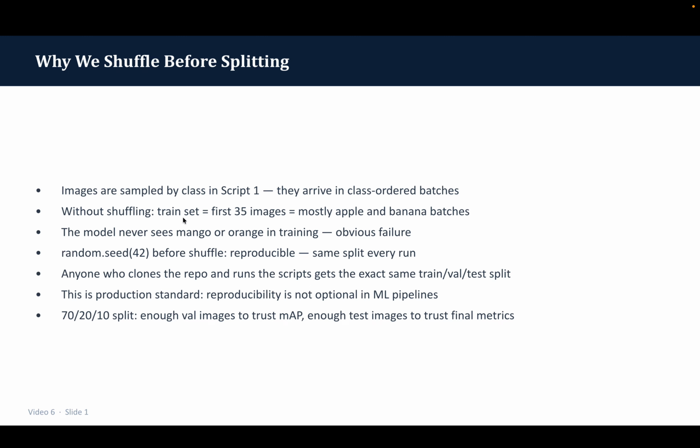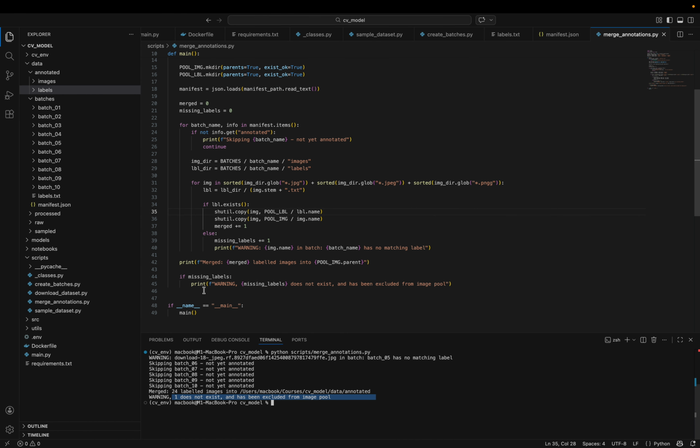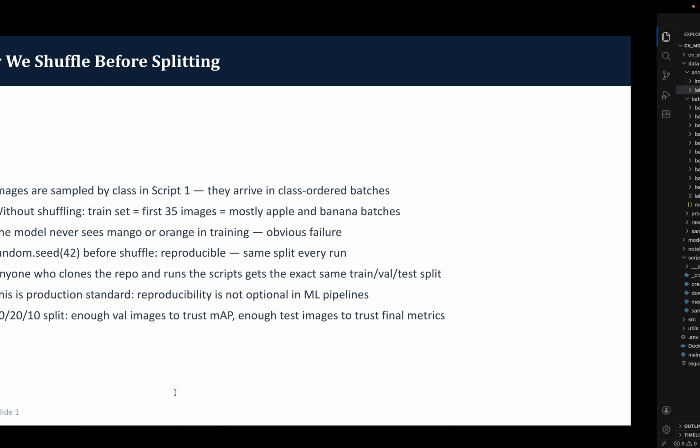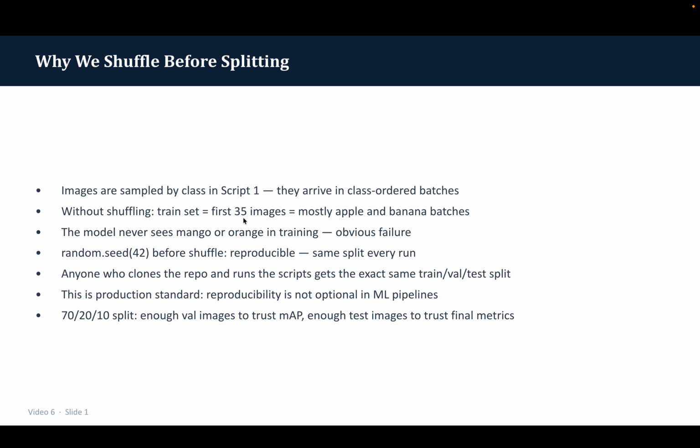Without shuffling, the train set, for example, the first 35 images, or let's say in our case now, we have about 24 images, might be mostly apple or banana batches. So if we just focused on only those, the model might see only mango during training, which is an obvious failure. Which is why we are going to set a random seed of 42 before shuffling.